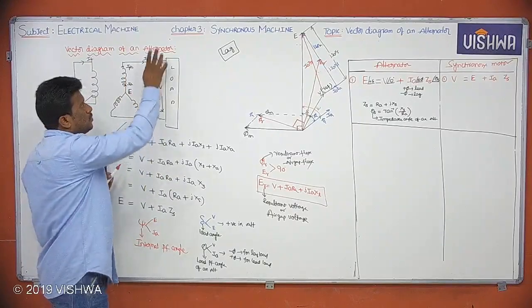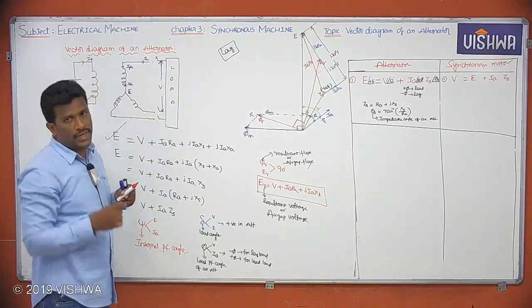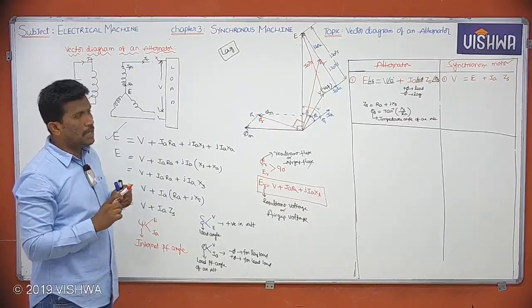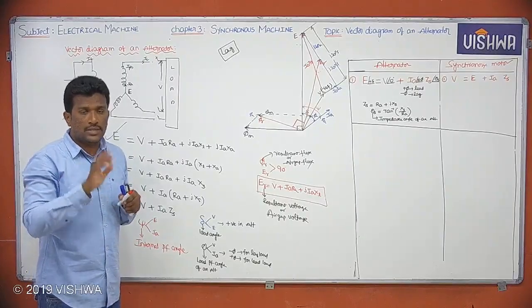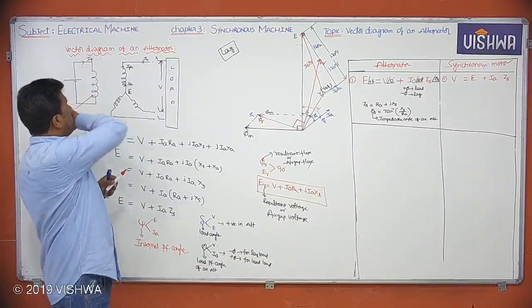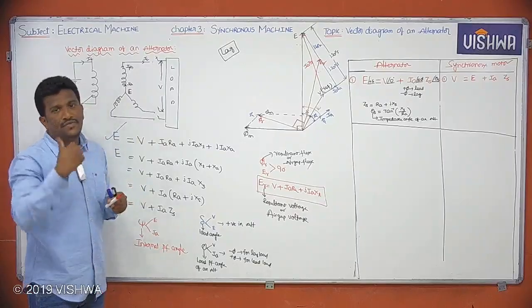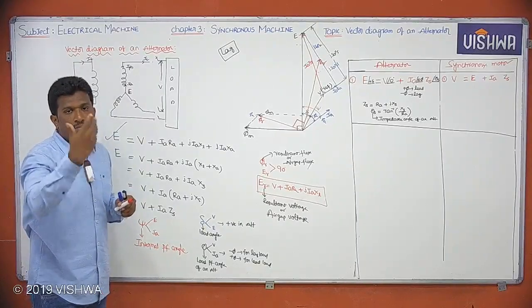Clear? If the switch is open, this E can be called the no load voltage. So the names for E are generated voltage and no load voltage. Because of the excitation to the field winding, I got this EMF E. That's why this EMF can also be called the excitation EMF.